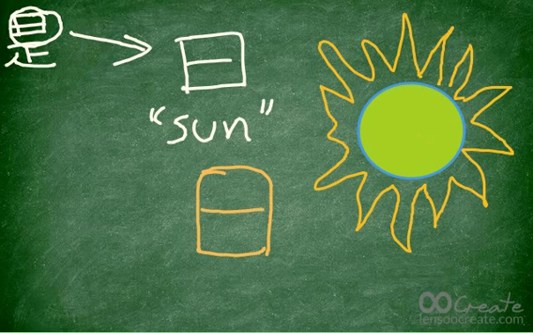However, in the ancient characters, some speculate that the sun came from this, saying that this was the dot and these were the rays of the sun. I can see how that can be. But here I drew the sun so you can understand that this is the character that means the sun.